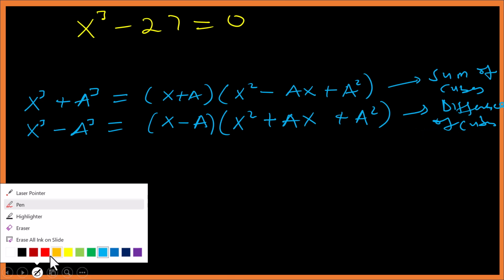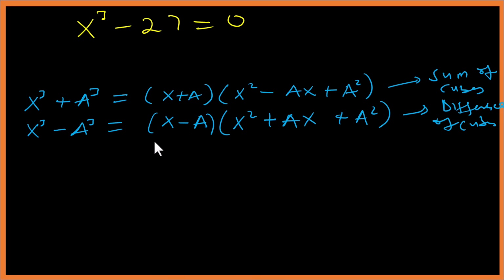Knowing the difference and sum: for the difference, this side is minus, and for the sum, this side is plus. And once this side is plus, this side becomes negative, and when this side is minus, this side becomes plus. So let's write x cubed minus 27 as a difference of cubes.